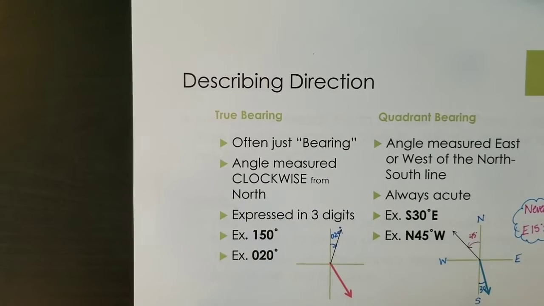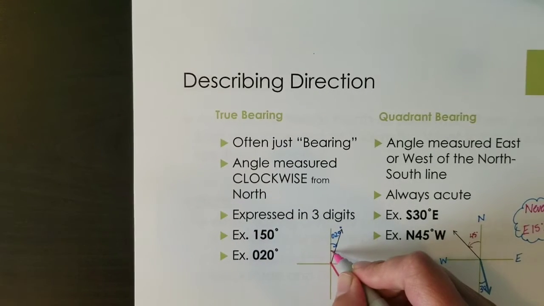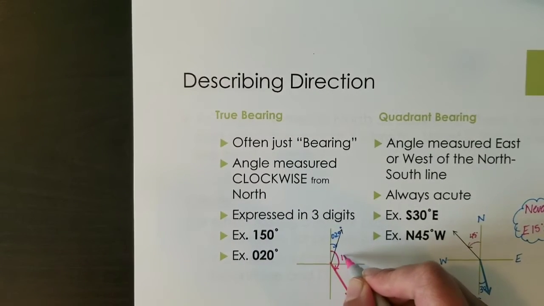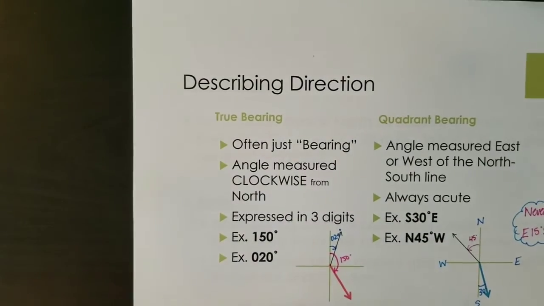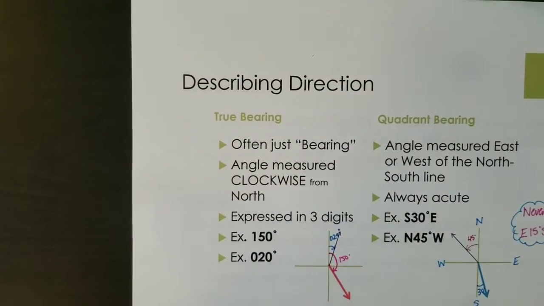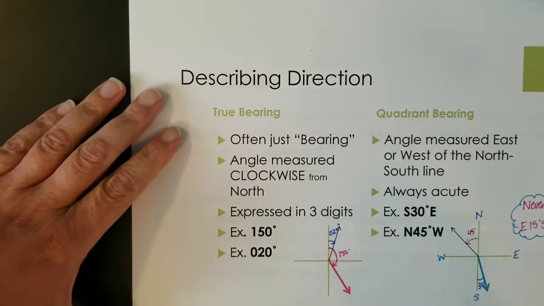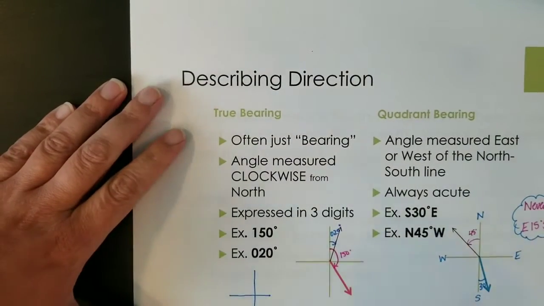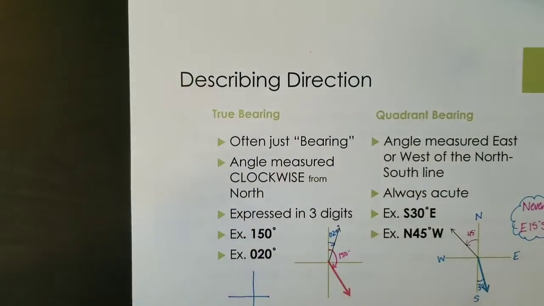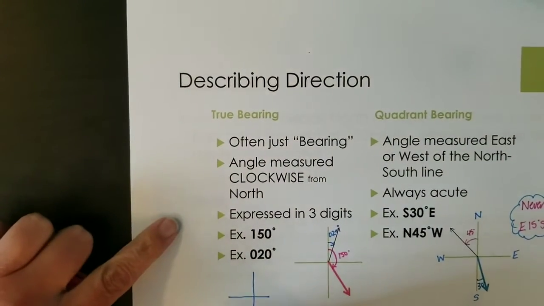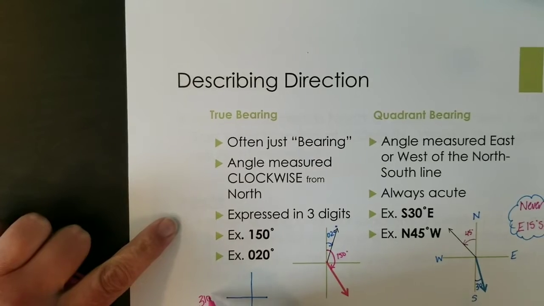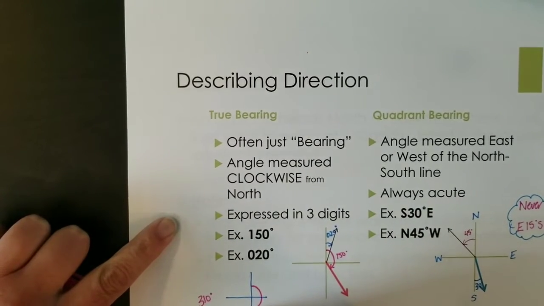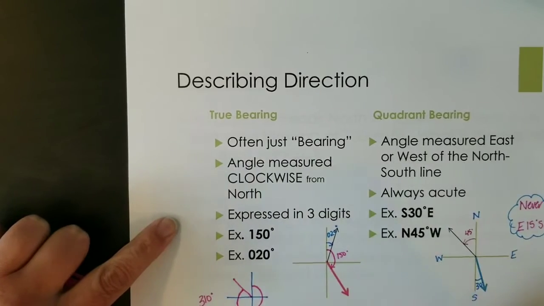And then the 150 would be again starting from north and going like that. So you could even have much bigger angles. For instance, if you had something that was let's say 310 degrees, you would start from north and measure around, all the way around up to somewhere in that quadrant.